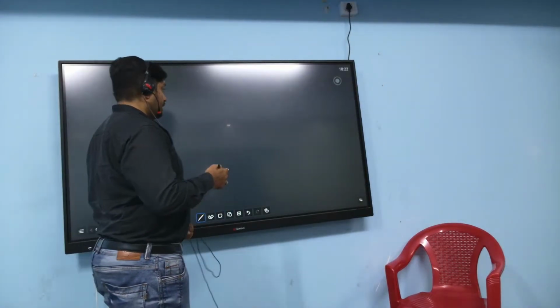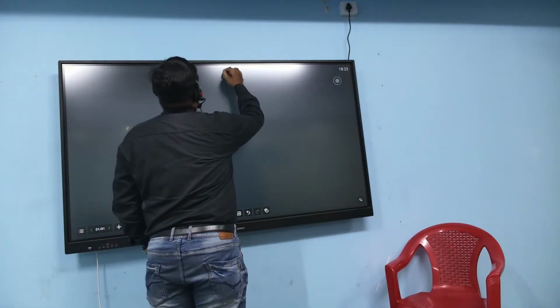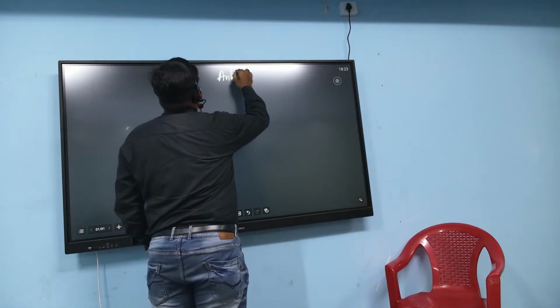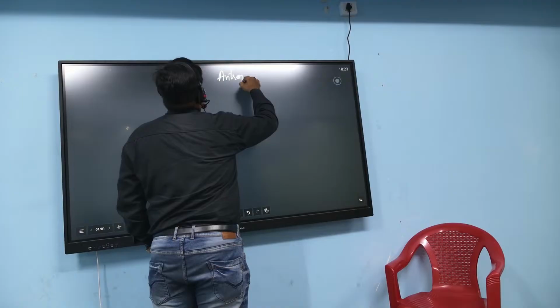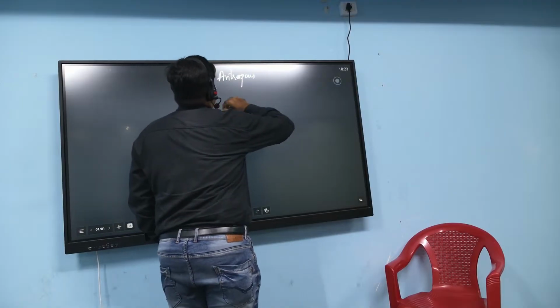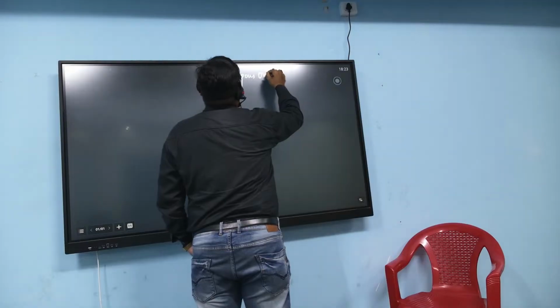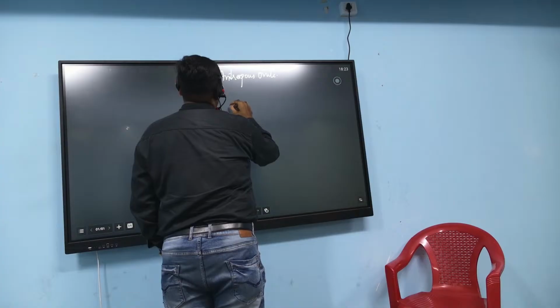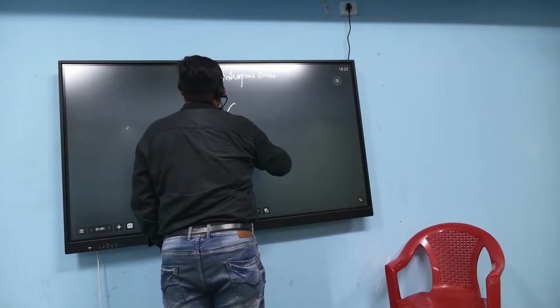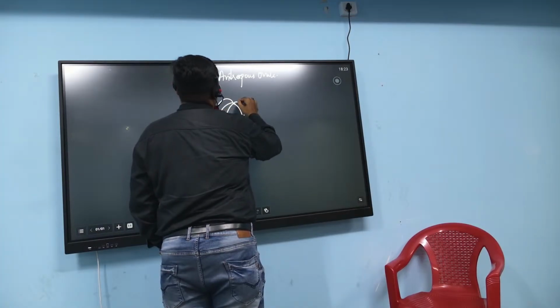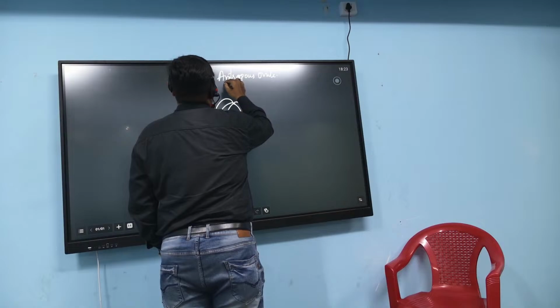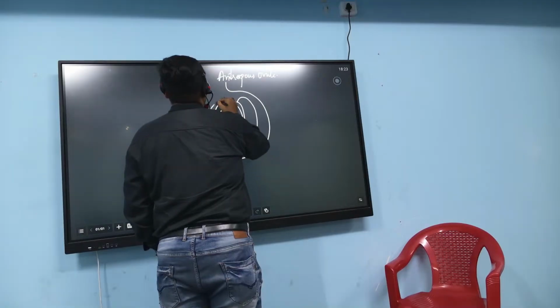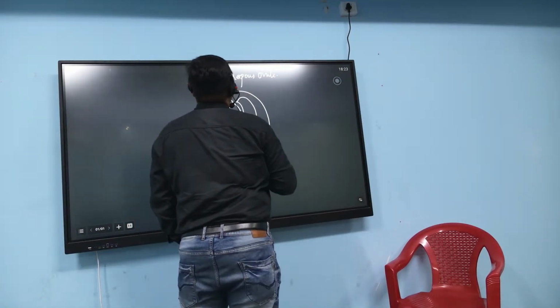So here, when we study the structure of the ovule, here is the inverted structure, the anatropous ovule.